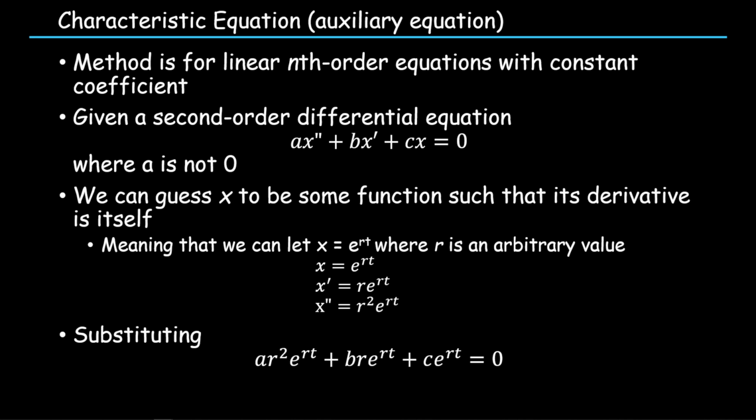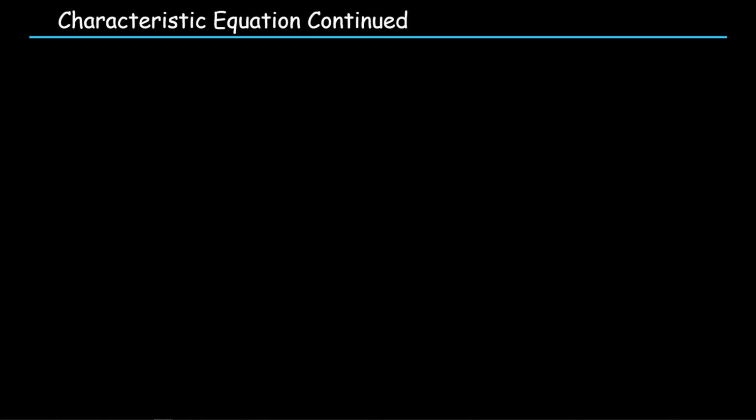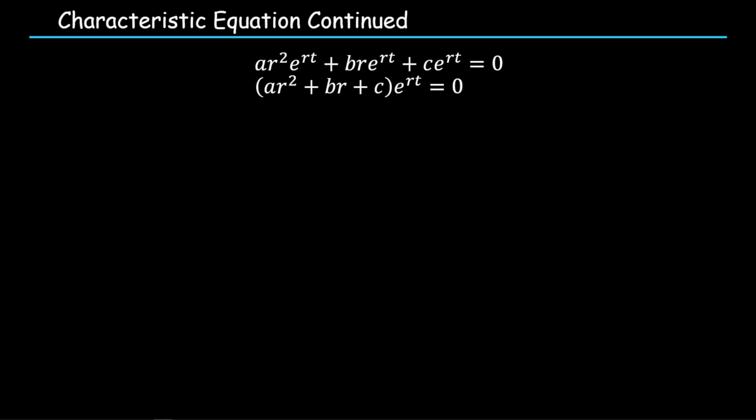What we can do now is substitute those functions into the ODE, and we will get this equation down below. What's so neat about this is that because of this new equation, we can factor out an e to the rt, and so now we're just left with finding our zeros.